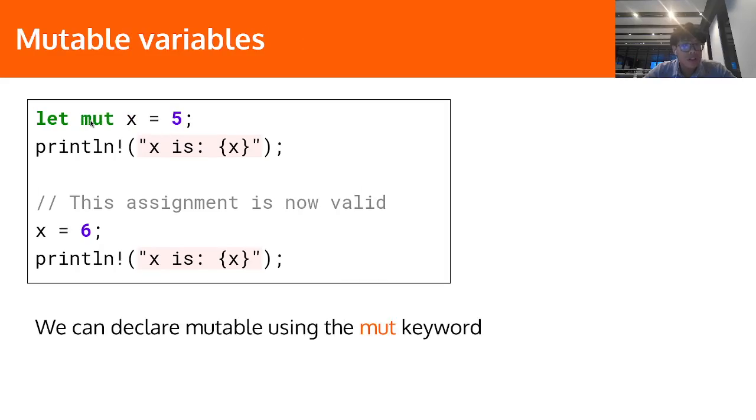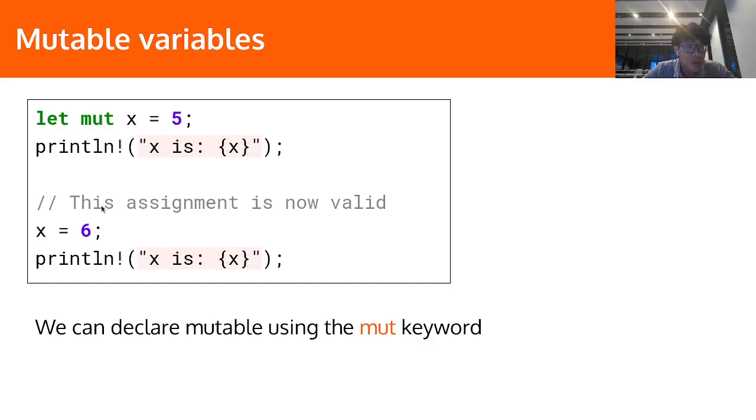Moving on, what if we actually want to modify the variable value? There's a keyword called mut, which is short for mutable or mutate. When we declare the variable like this, let mut x equals 5, we are telling the compiler that we are creating a variable x and it is meant to be mutable.